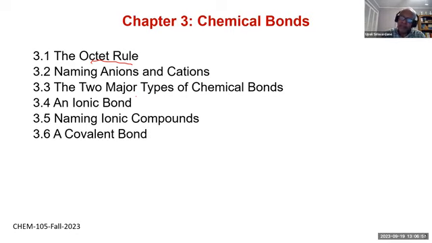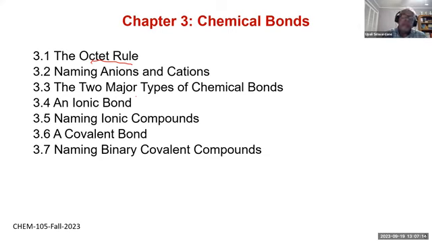A covalent bond, on the other hand, is formed by sharing electrons between 2 atoms. It's a different idea than an ionic bond. An ionic bond transfers electrons from metal to non-metal. A covalent bond shares electrons. We also have to know how to name covalent compounds. Naming ionic compounds and naming binary covalent compounds are different.